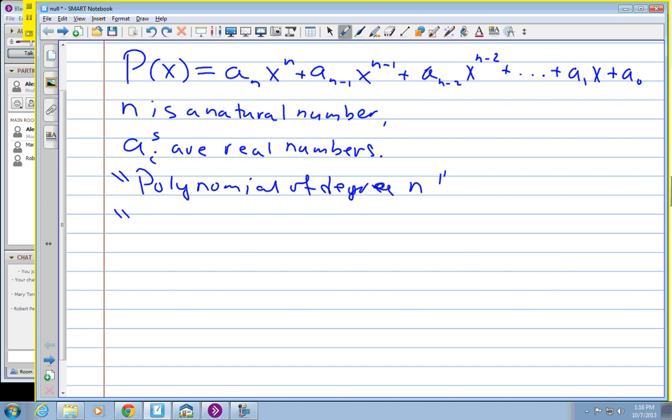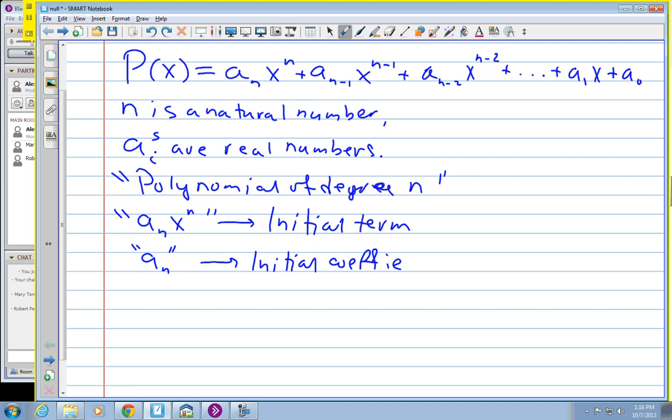This first term that carries the highest exponent, the a sub n x to the n, we call it the initial term. The constant itself, a sub n, is called initial coefficient. So whatever the highest power you see, that's going to be the degree. Okay?